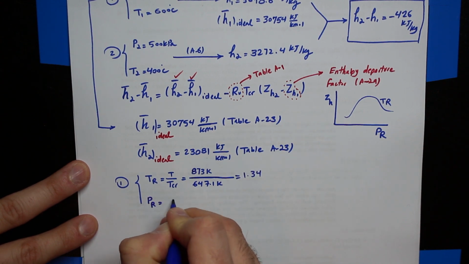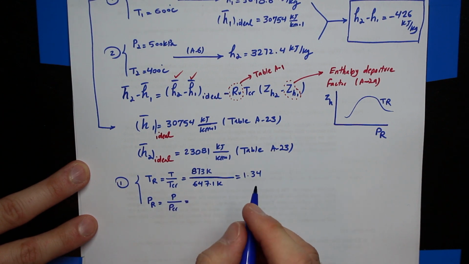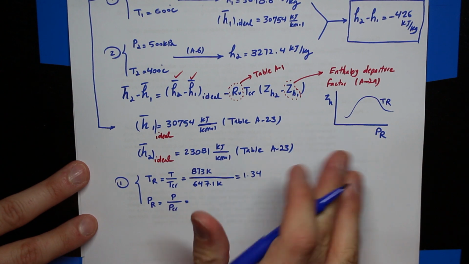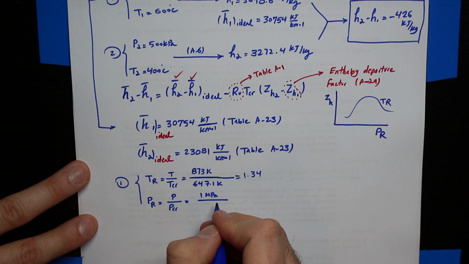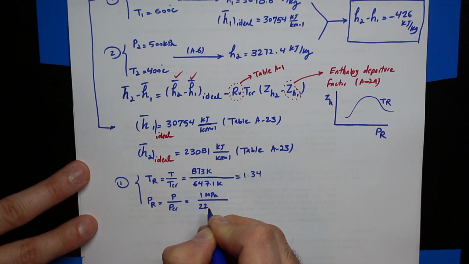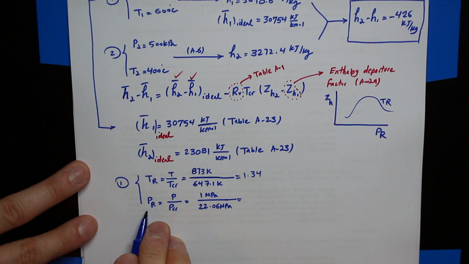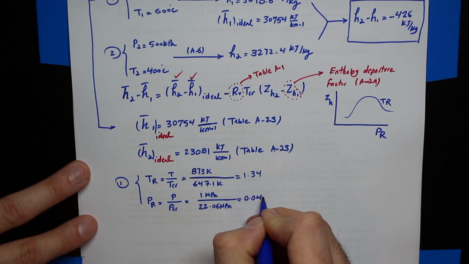Likewise, the reduced pressure is equal to the pressure divided by the critical pressure. The pressure at state 1 is 1000 kPa, so that is 1 megapascal, and the critical pressure is 22.06 megapascal, and that will give you a reduced pressure of 0.0453.